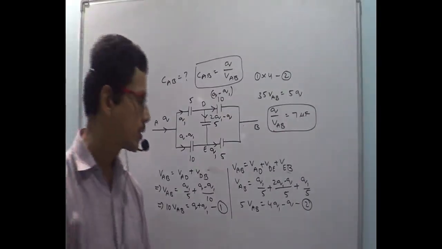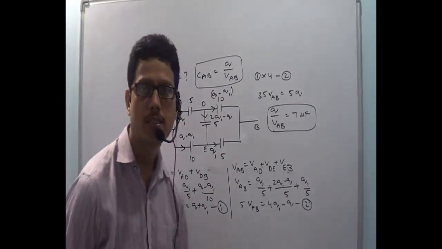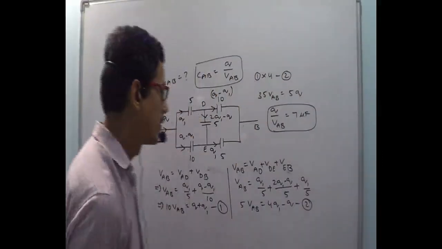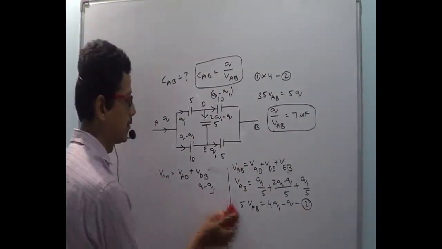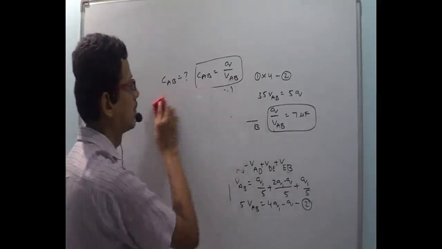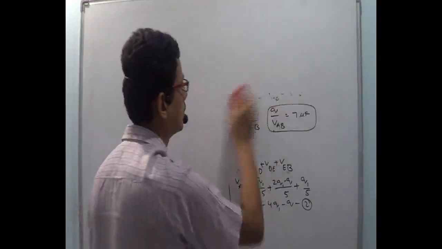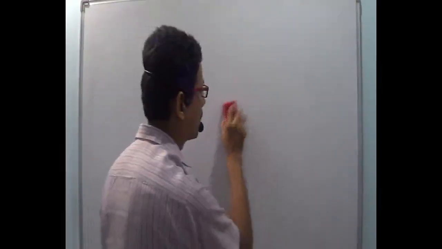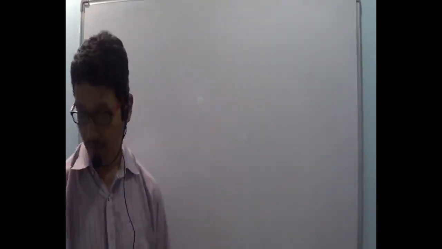So let us do the same problem with delta star transformation. Just I am erasing this. What is this delta star transformation? I can change this delta into star, and star into delta.